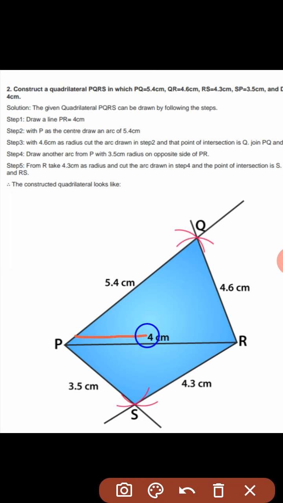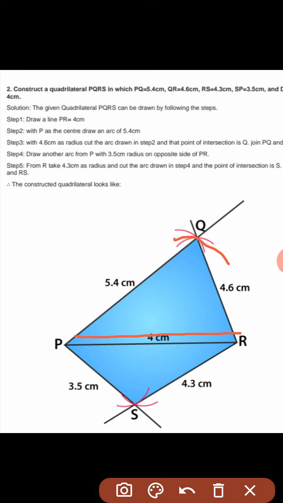Now in the steps of construction, the given quadrilateral PQRS can be drawn by the following steps. First step, draw a line PR equals 4 centimeter. So this line is PR, and this will be 4 centimeter. Then with P as center, draw an arc of 5.4 centimeter, with the help of compass and pencil.